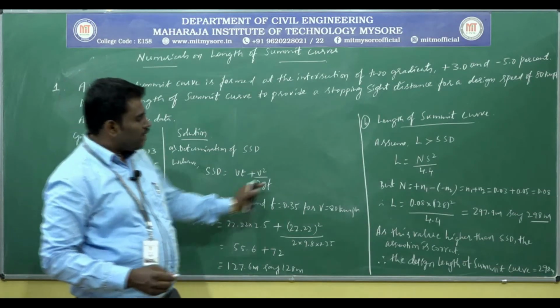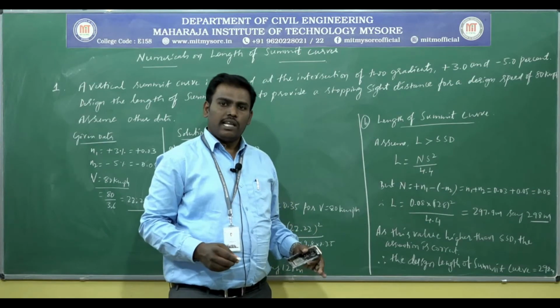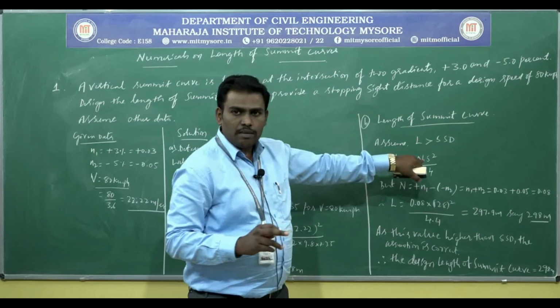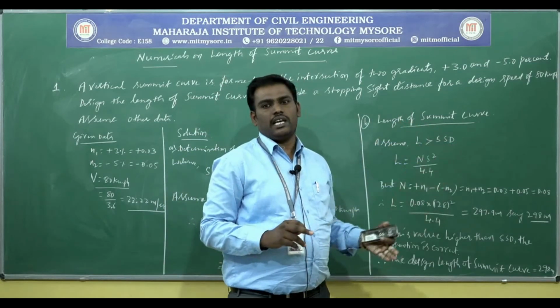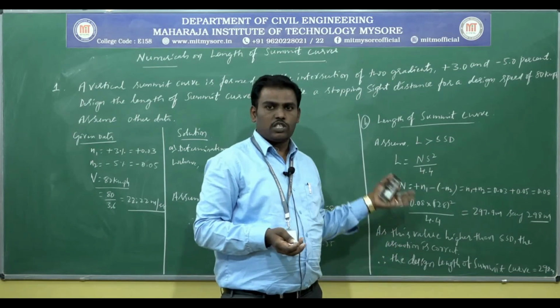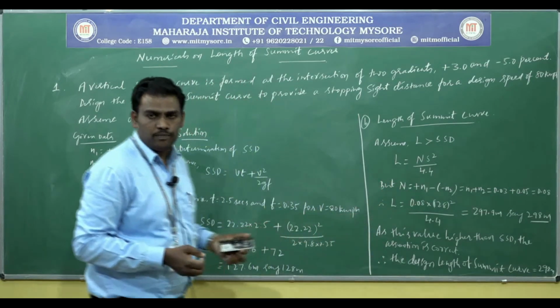You can go directly to the calculation of length of summit curve. Suppose this assumption is wrong, meaning the length of summit curve is less than SSD, then we are going to use the second case. That is L is equal to 2S minus 4.4 divided by N.